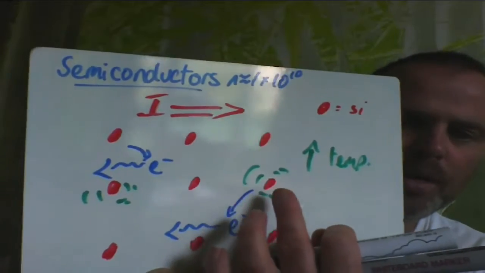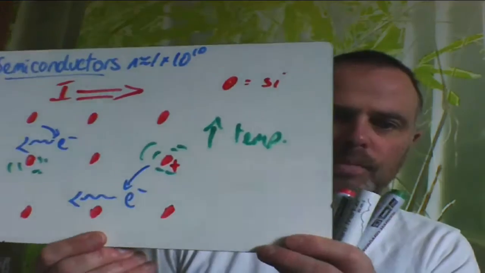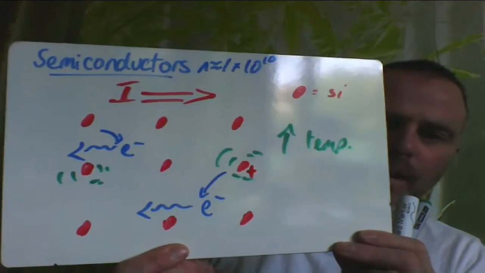But what has happened here, when this free charge carrier has been freed up by vibrations in the lattice, what has got left behind here will have had a positive silicon ion left behind. Okay? Now, what can happen from a neighbouring silicon atom is an electron can jump.